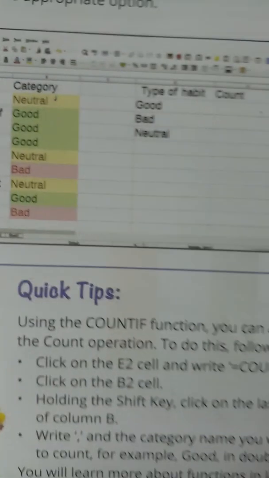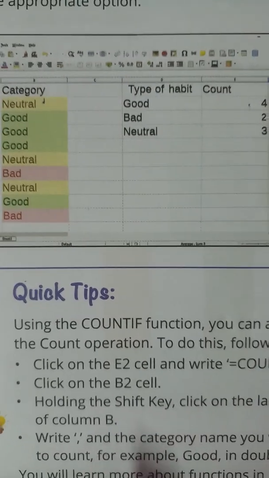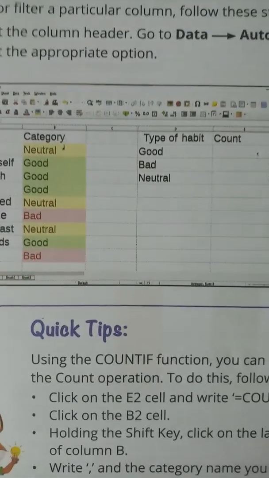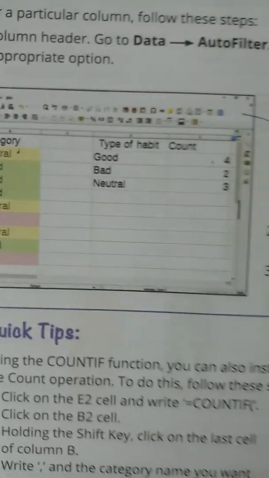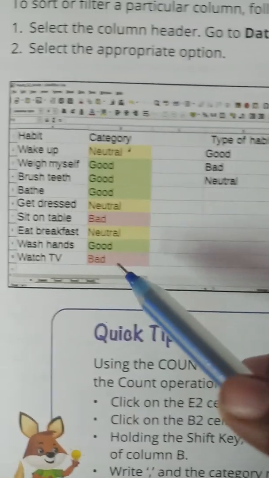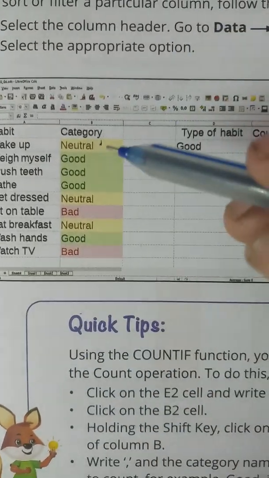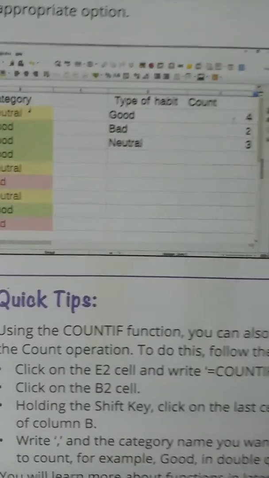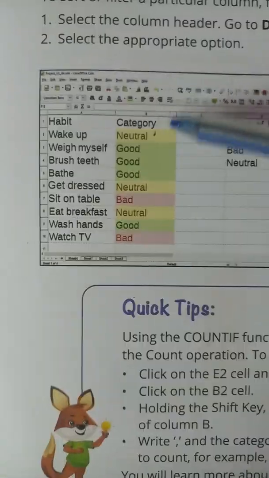Holding the Shift key, click on the last cell of column B. Once you click the B2 cell, press the Shift key and then click the last cell of column B, which is B10. Or else you can drag the mouse to select B2 to B10.